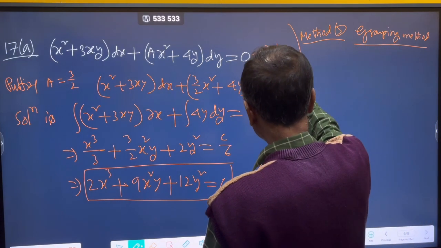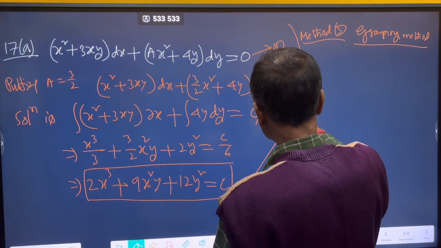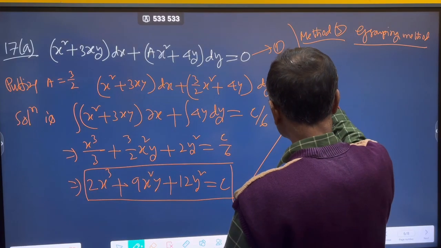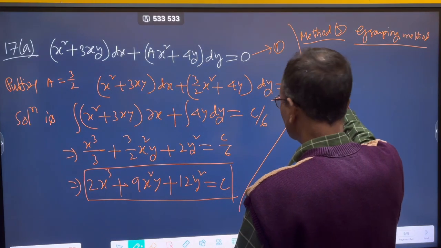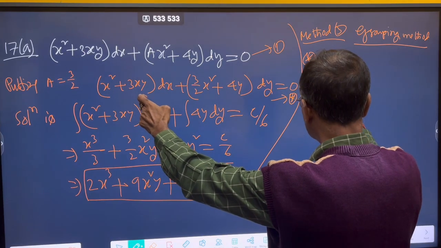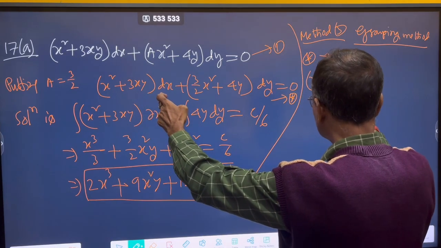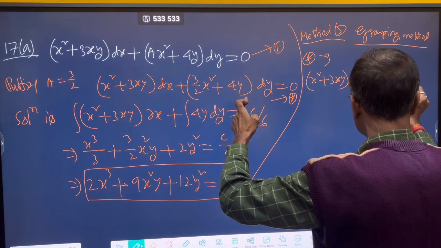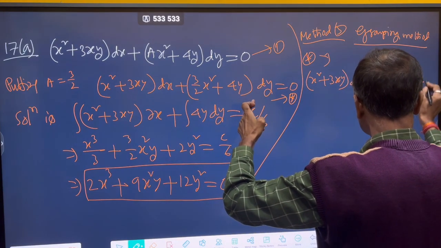Suppose the given differential equation is this: x square plus thrice xy dx plus 3 by 2 x square plus 4y dy.